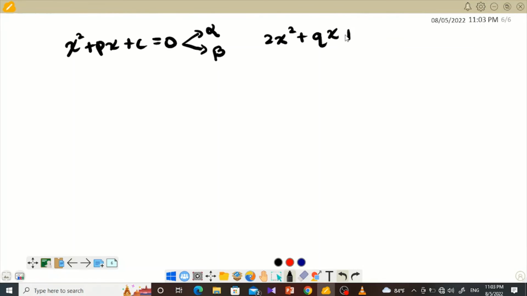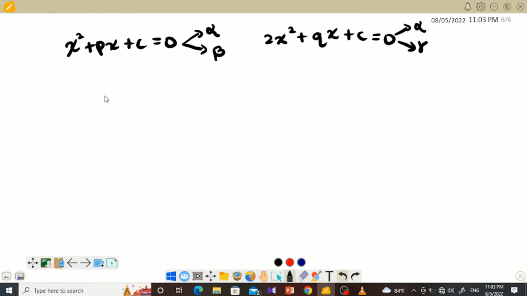So I write the equations x squared plus px plus c equals 0, which has roots alpha and beta, and 2x squared plus qx plus c equals 0, which has roots alpha and gamma.